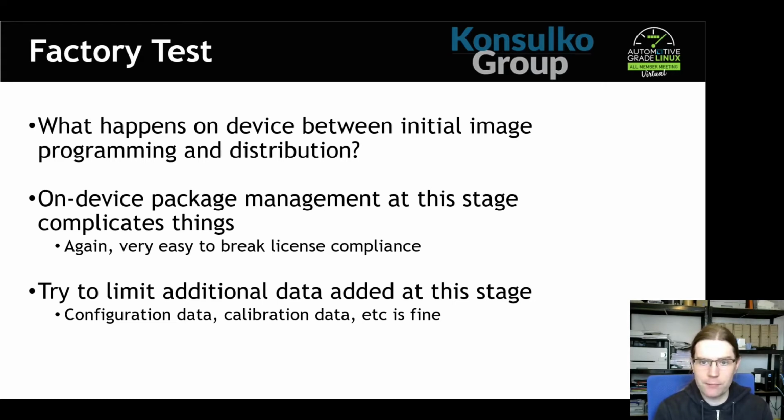So try to limit any additional data that is added to the device at this stage. By all means, add configuration data or calibration data during the test process, but try to avoid adding additional software. If you need additional software, try and include it in the actual image build itself.